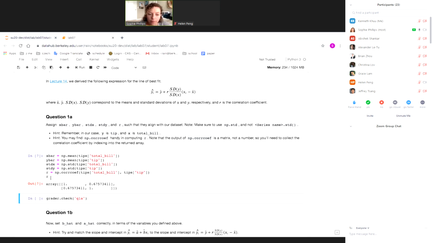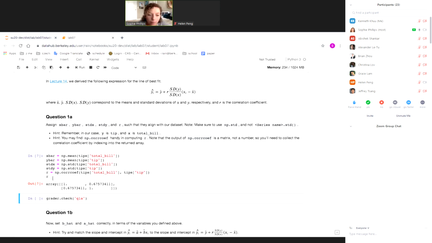We can do this by subsetting this matrix to one of these values. If we think about what this correlation matrix represents, this first entry is the correlation between tips and tips, then tips and total bill, and total bill and tips, and total bill and total bill. Notice that the correlation between tips and tips, the same variable, is 1.